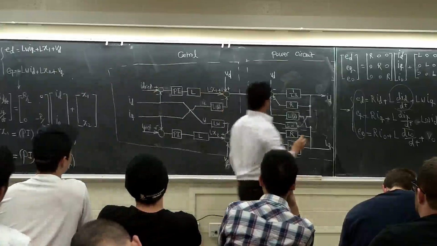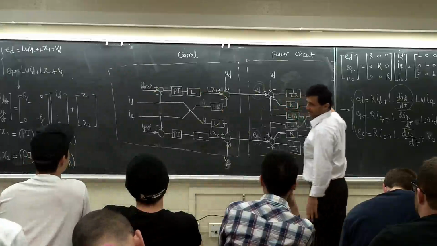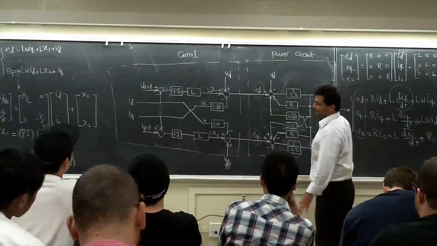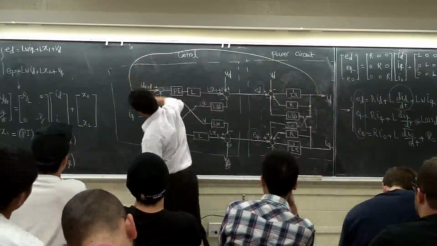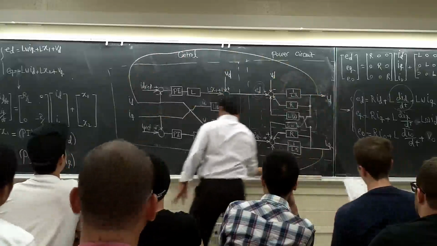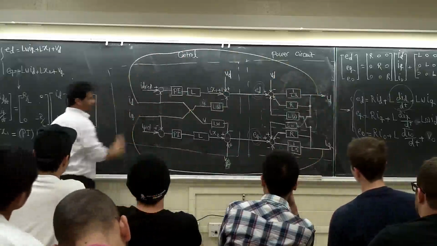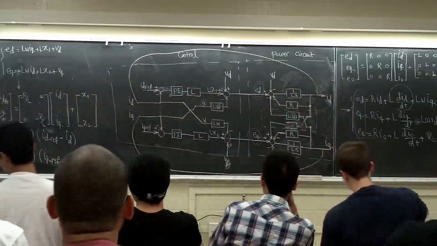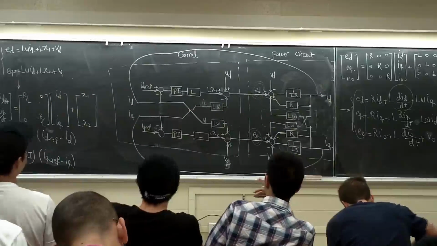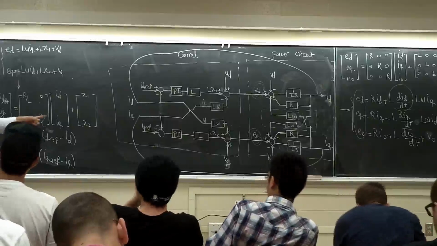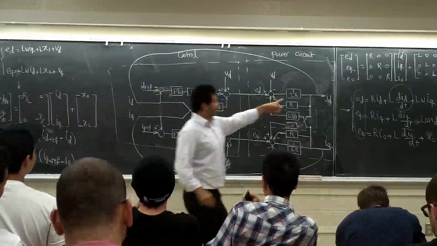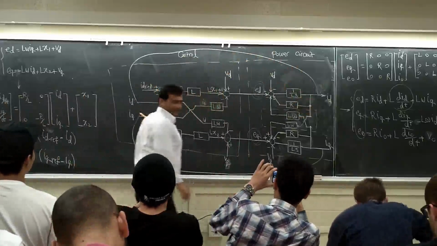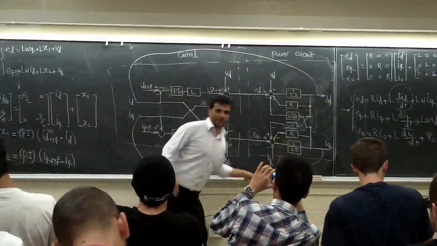And ID, IQ, your feedback. Here guys, look at here. ID coming here, IQ coming here. This is where you connect the control system to the power system. Right? This is the feedback in the system. ID feedback, right? IQ feedback.